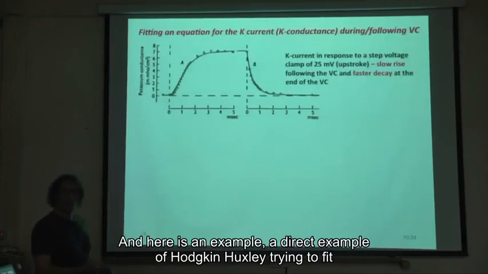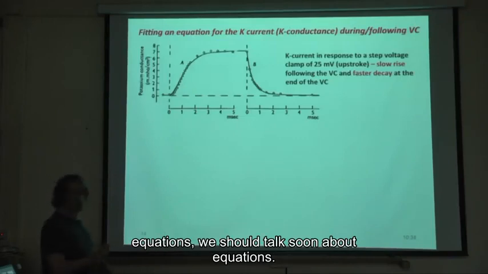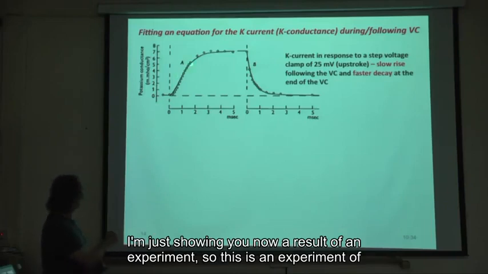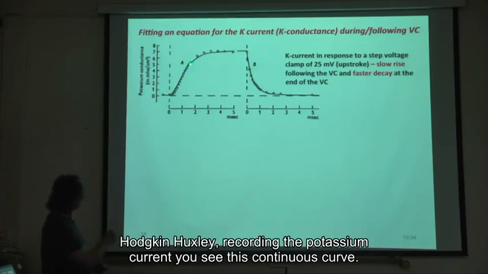And here is a direct example of Hodgkin-Huxley trying to fit equations. We shall talk soon about equations. I'm just showing you now the result of an experiment. This is an experiment of Hodgkin-Huxley recording the potassium current. You see this continuous curve.